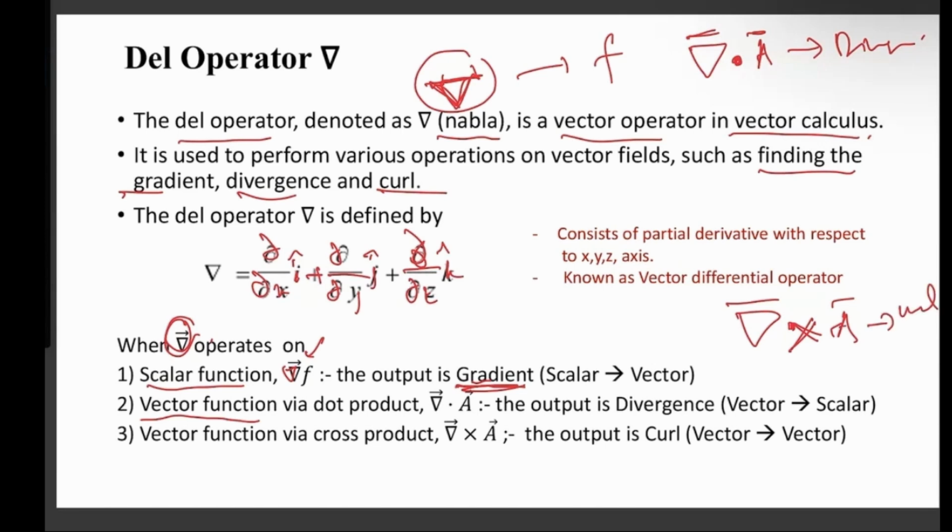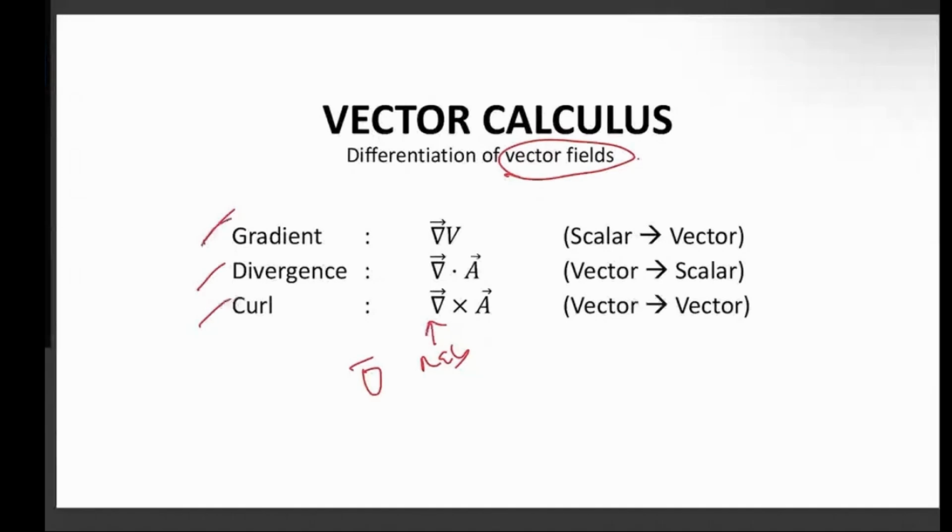We call these gradient, divergence, and curl. Del times scalar, so it will become gradient. The output of gradient is a vector, so we have direction.